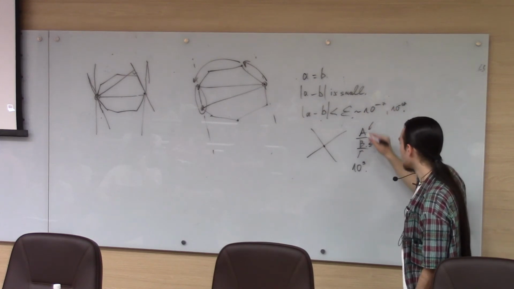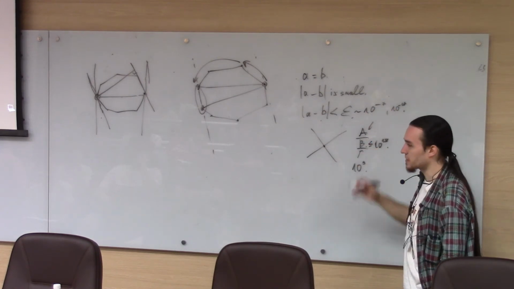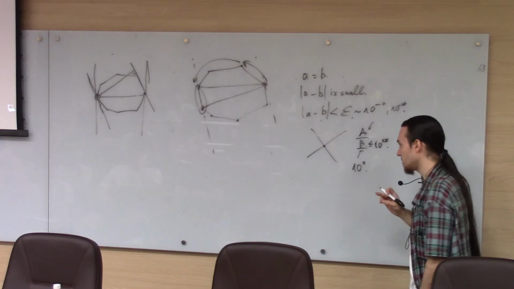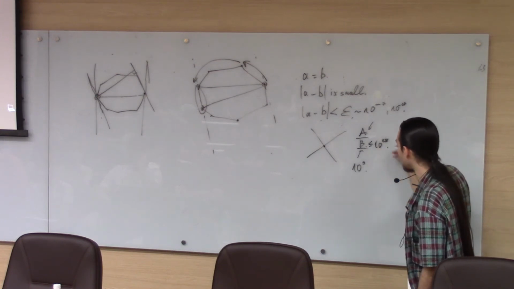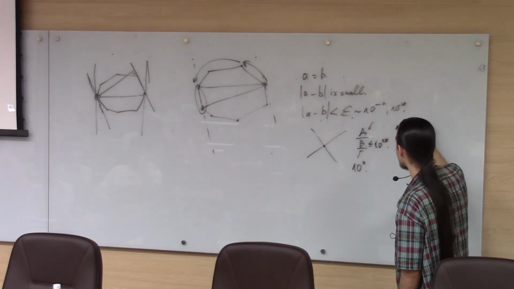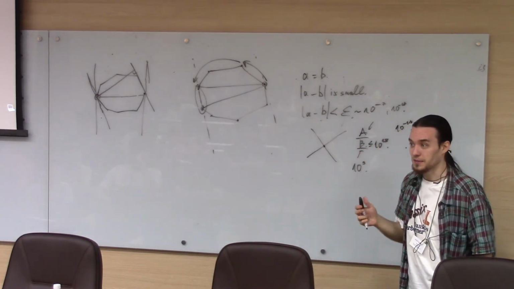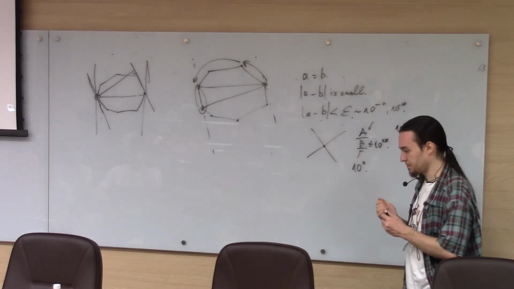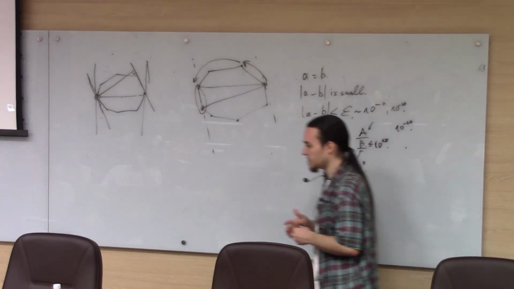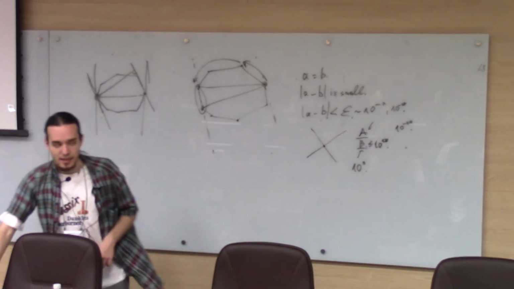So if you have these kinds of numbers and you want to compare them really precisely, then your epsilon should be 10 to the minus 15th or 10 to the minus 19th, something like that. So there are ways, but in general it's very hard to estimate.